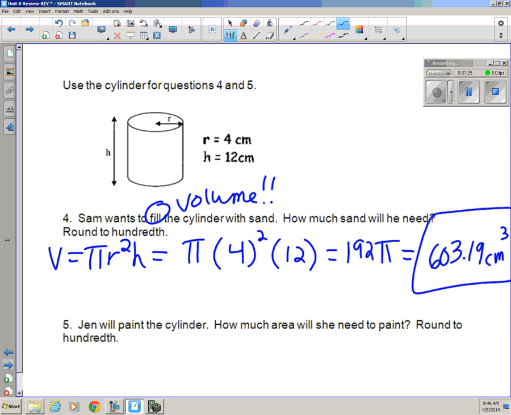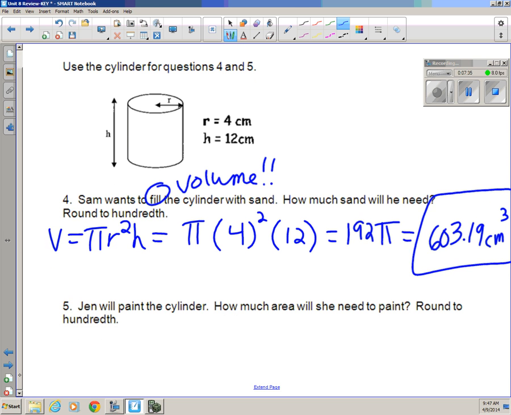Now she's going to paint the cylinder. How much area will she need to paint? She's painting the whole thing, top, bottom, and around the label area. This formula is given to you also, surface area, and the formula here is 2 pi r squared plus 2 pi r h.